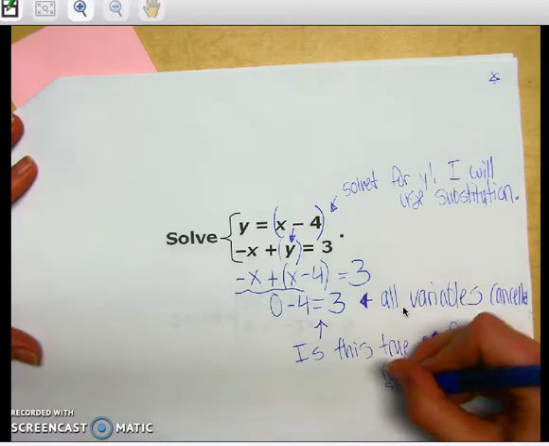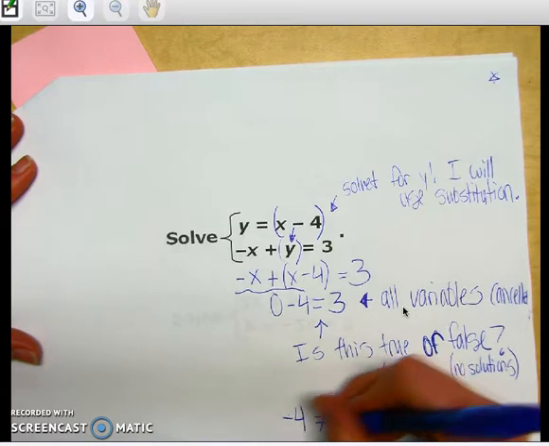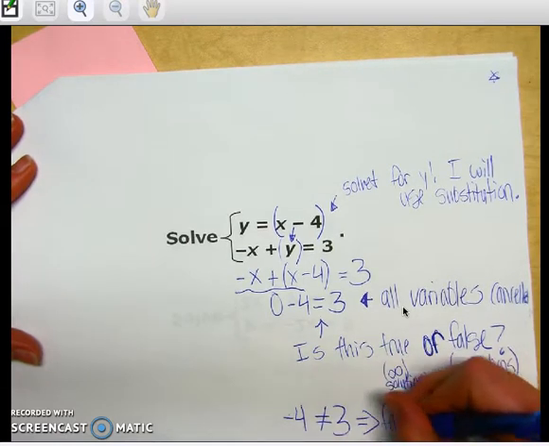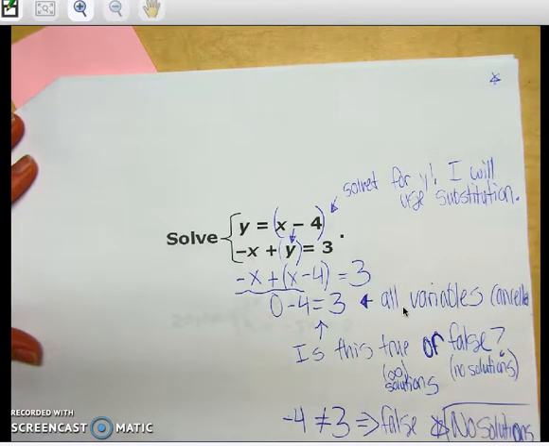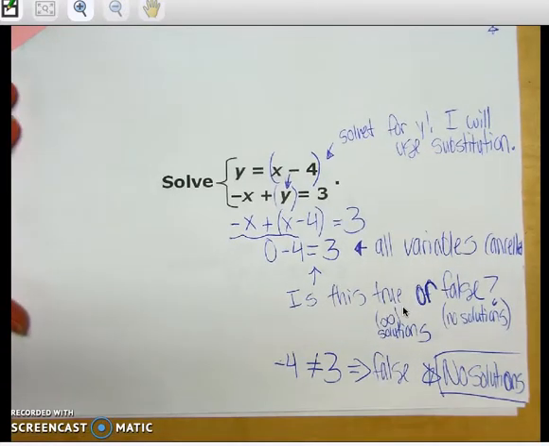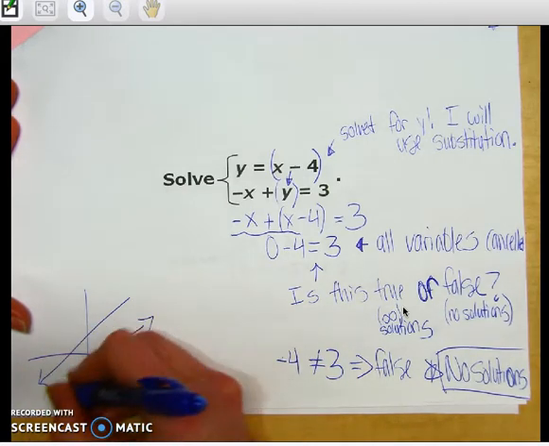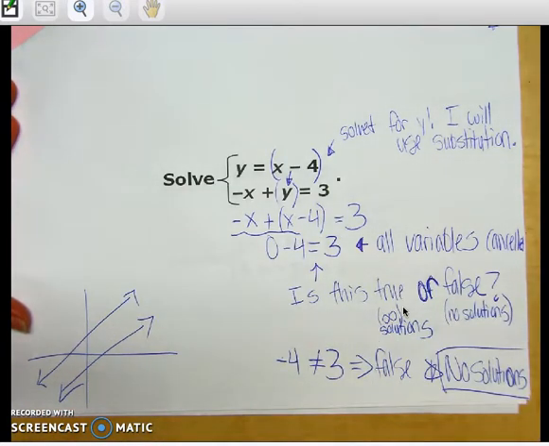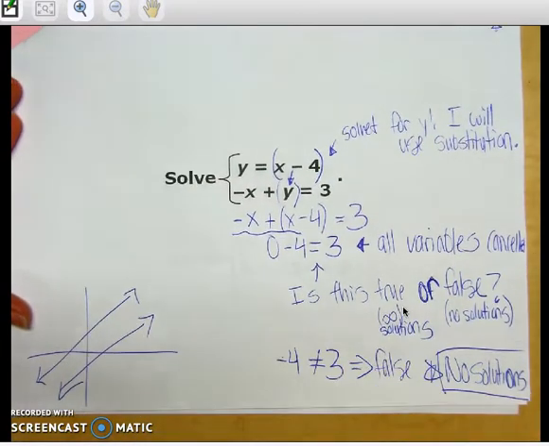In this case, negative 4 is not equal to 3, which means this is false, so I have no solutions. If you remember from a graph, no solutions was an example where we had 2 different parallel lines because they never intersected, right? This is the way that we end up with no solutions by solving.